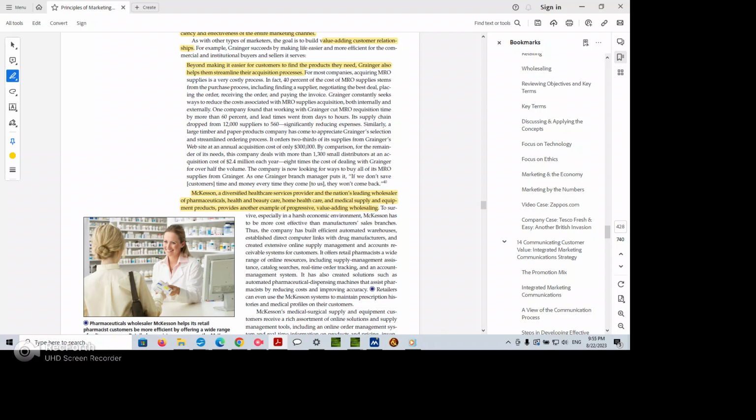Thus, the company has built an efficient automated warehouse to establish direct computer links with drug manufacturers and created extensive online supply management and accounts receivable systems for customers.